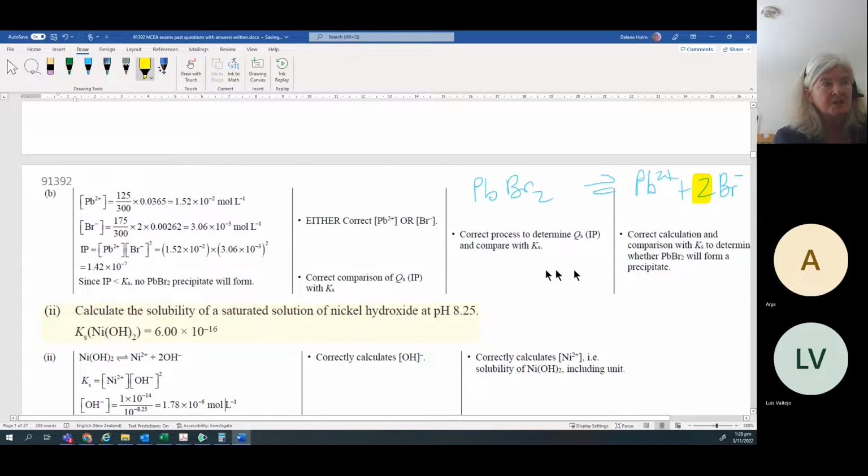It comes up as the exponent, and because we've got twice the amount of bromide ions to lead ions, you have to multiply by 2. And it'll be the same thing for that too. So any of these where the equation has a 2 in it, it appears in the expression, and it appears also because you've got double the amount of those ions.